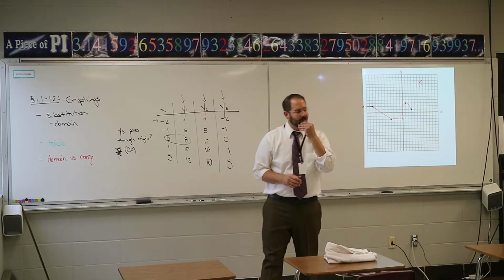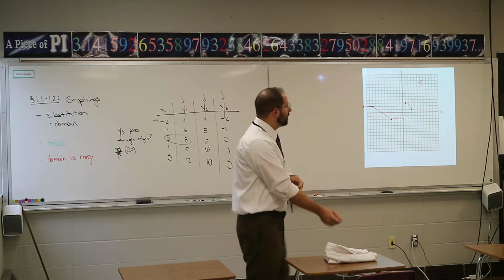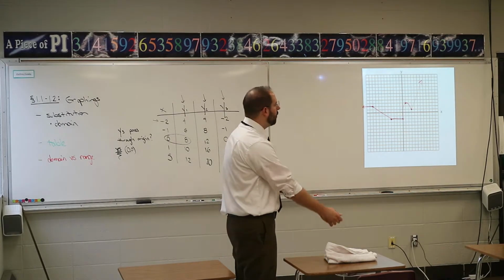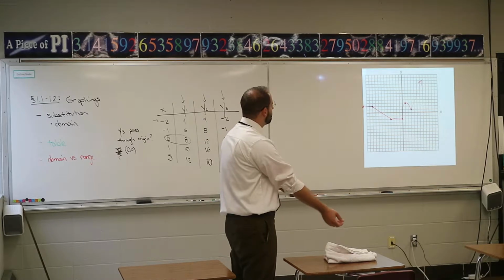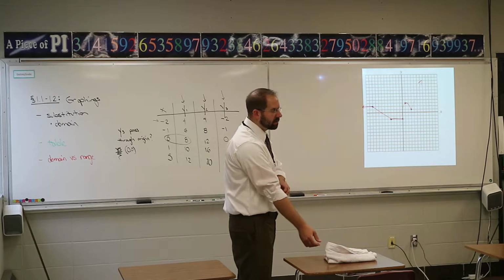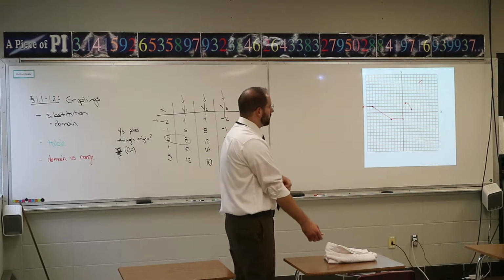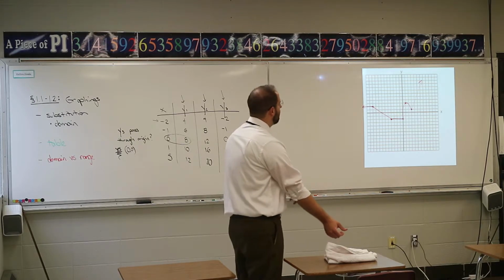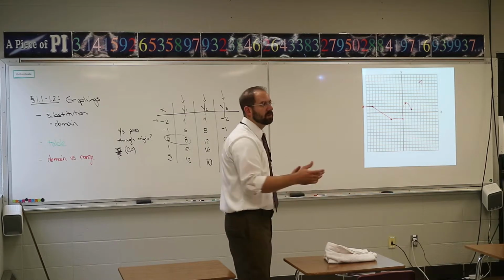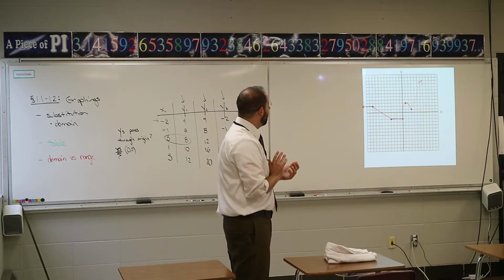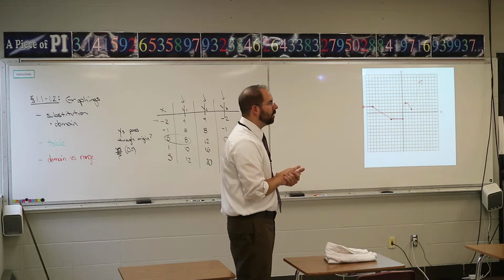All right, so this graph is something we're going into in the next couple of sections, where we're going to start interpreting graphs. And they're going to ask you a series of questions. The first one that I want to spend the time on, as opposed to some of the other stuff they're going to have me find, is domain and range of an object.